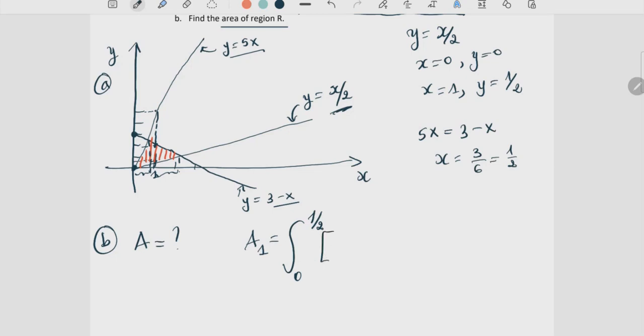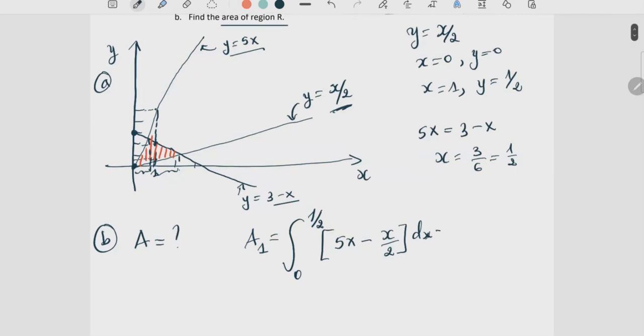And in that section, we said that we have 5x on top of x over 2, right? So that's the formula for the area there. And obviously this is easy to integrate. The integral of 5x is just 5x squared over 2 minus the integral of x over 2, which is x squared over 2 over 2, which is x squared over 4.